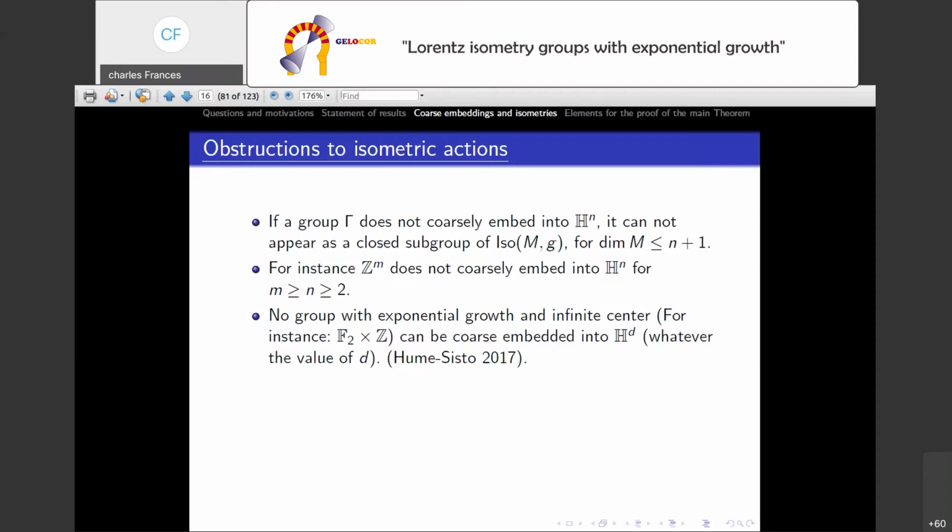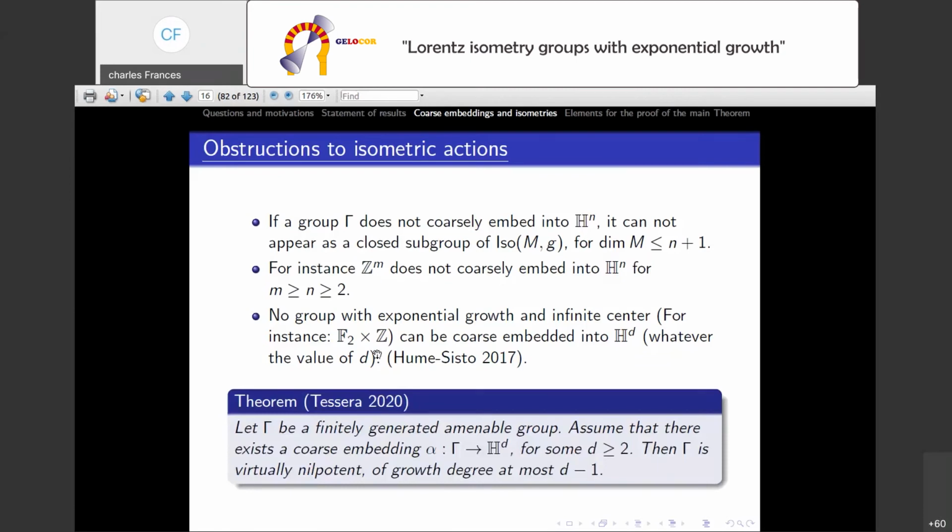And as a consequence, we recover the fact that we mentioned from our main theorem that F2 × Z cannot be the isometry group of a compact Lorentz manifold of any dimension.